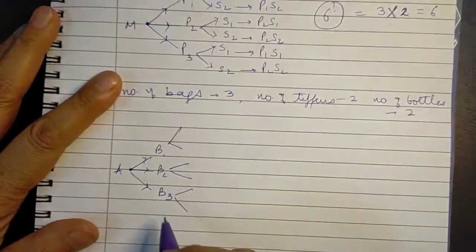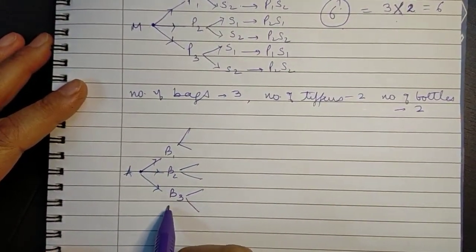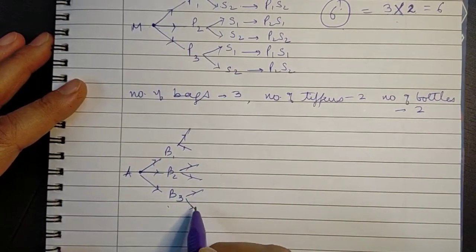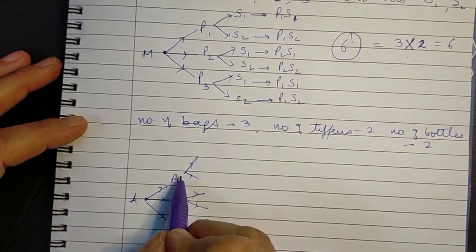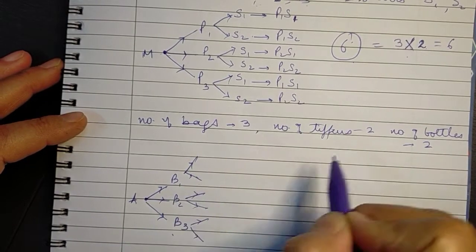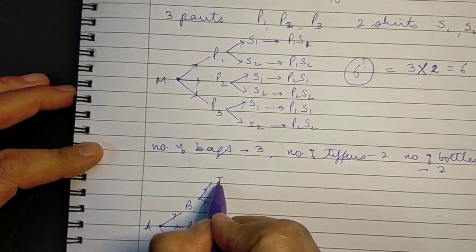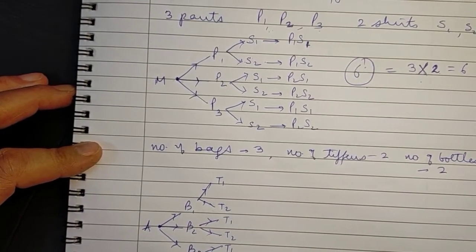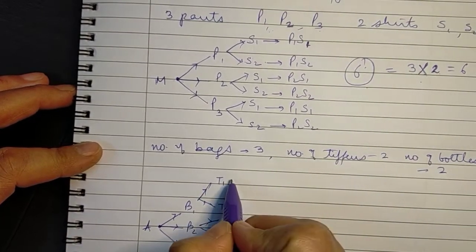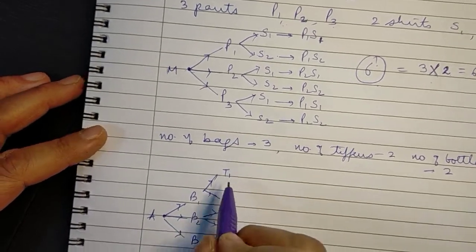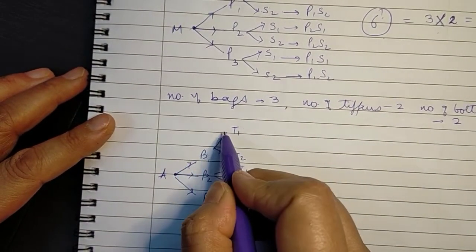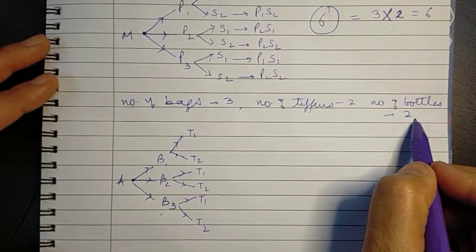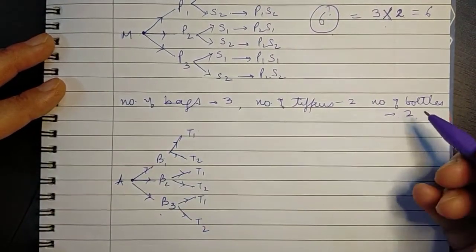What we see is, first he can choose any of the 3 bags, and along with every bag he has a possibility of 2 tiffins: T1 and T2, similarly T1 and T2, similarly T1 and T2. Now again, after choosing 1 bag and 1 tiffin, he has to choose from the 2 bottles.